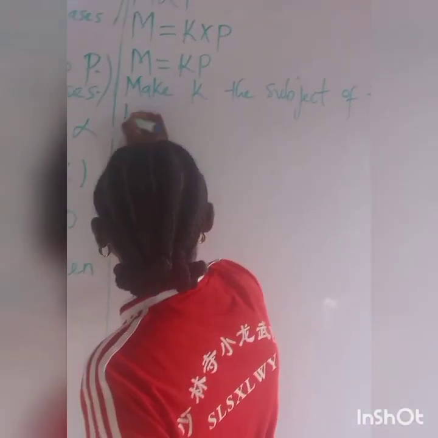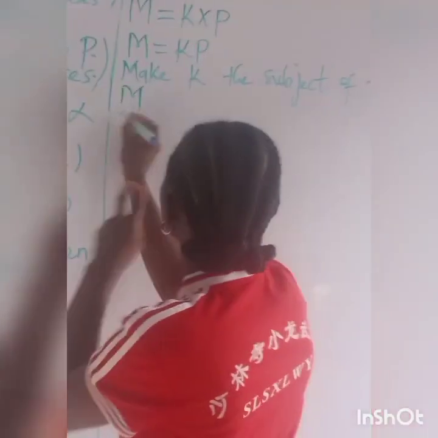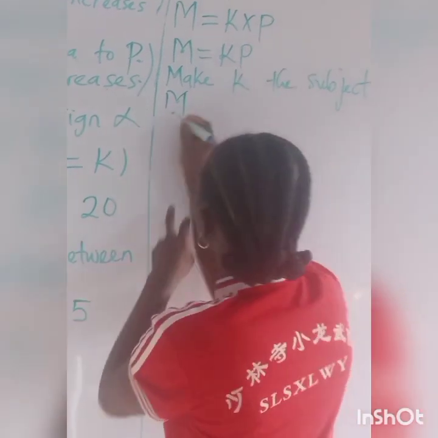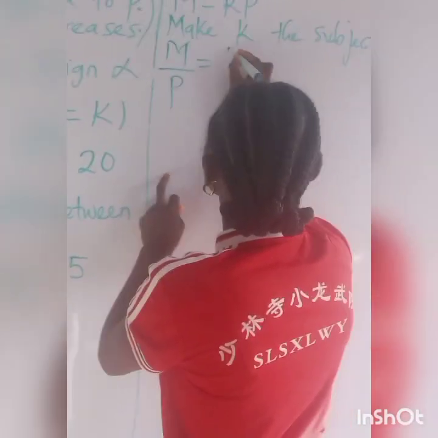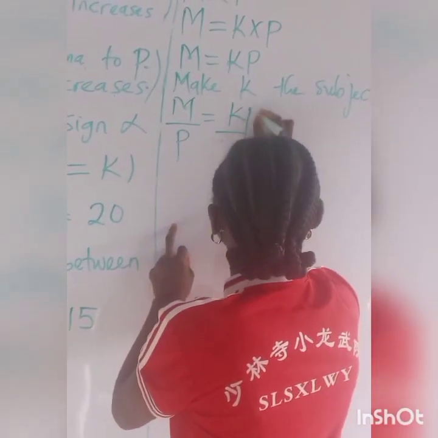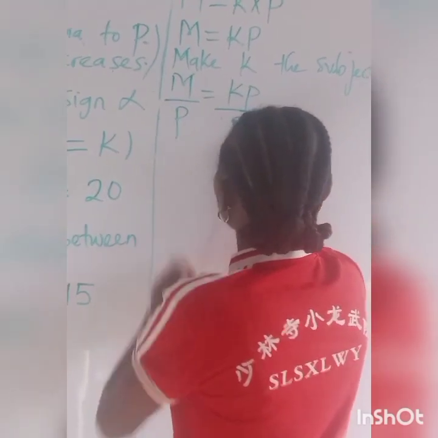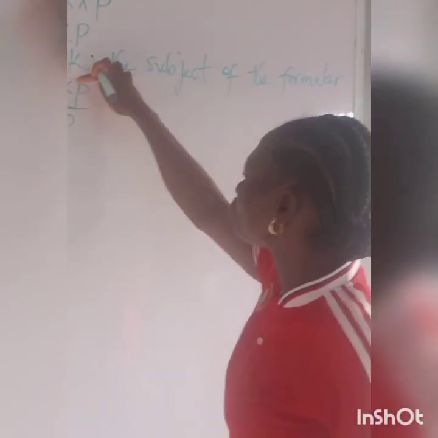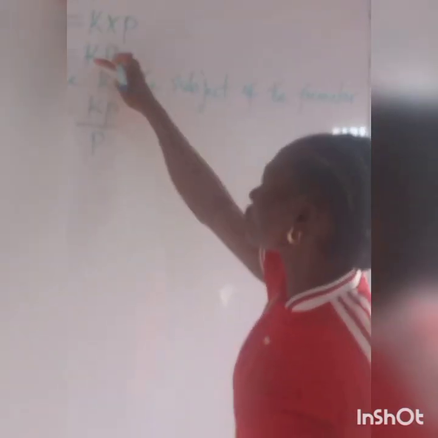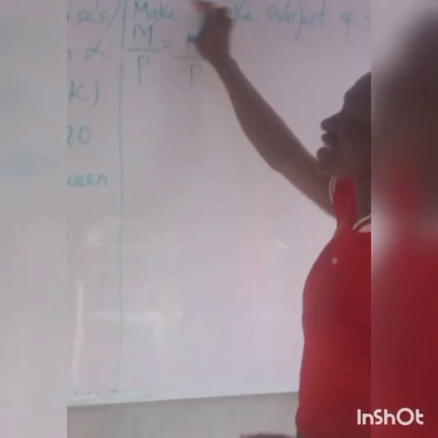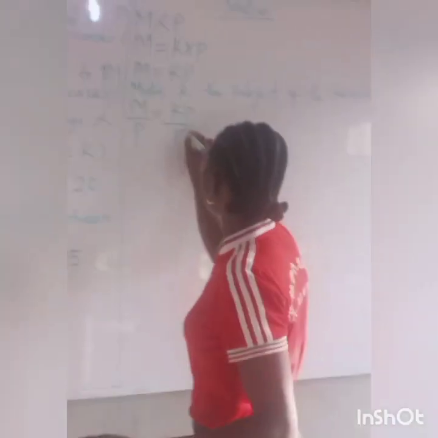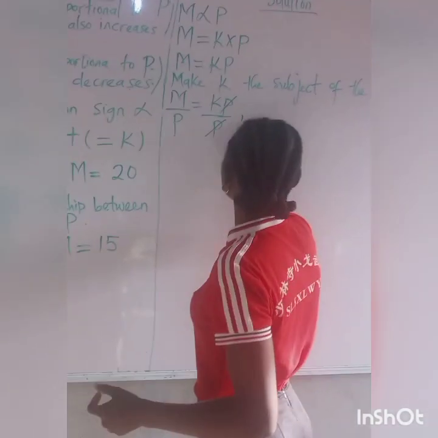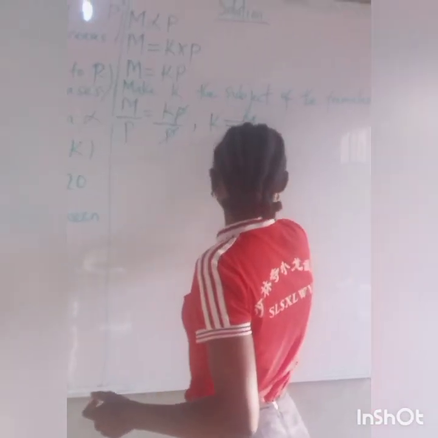So N over P equals KP over P. Why did we do this? Because we want to bring out letter K, and to be able to do that, we cancel the letter beside it, as you can see. So P cancels P, and my K will be equal to N over P.